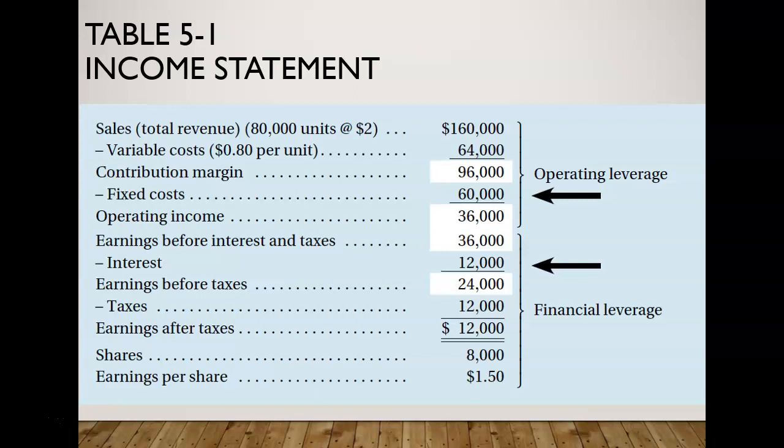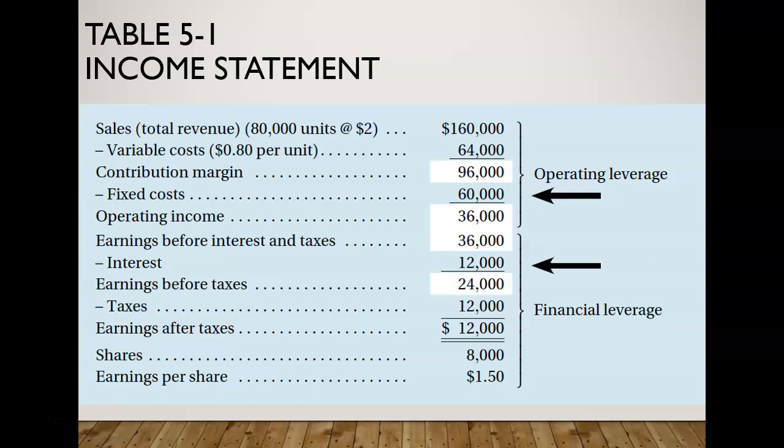From contribution margin, we are going to take fixed costs, and from that, then we will come to our operating income, our earnings before interest and taxes, from which we will take our interest to come to our earnings before taxes, which then we take our taxes and we have earnings after taxes.